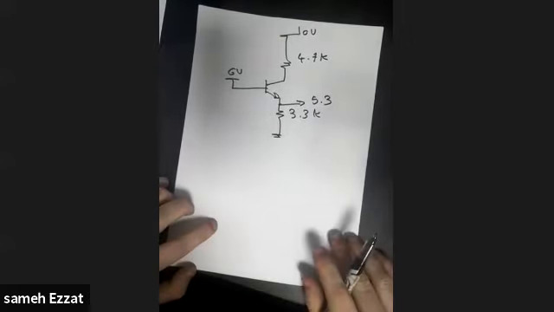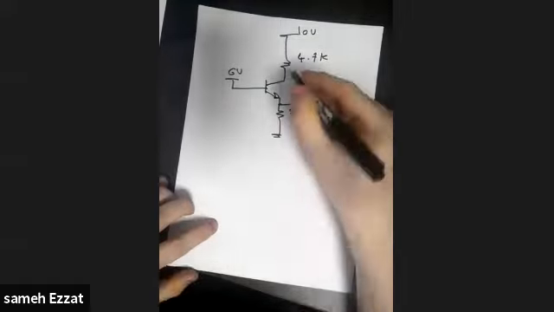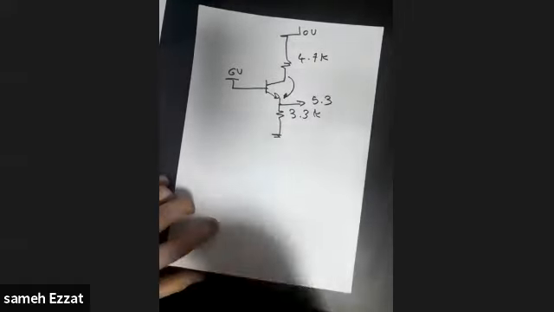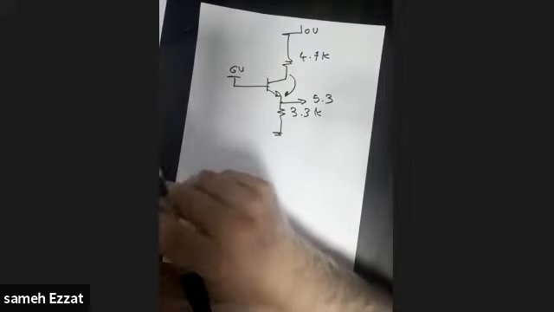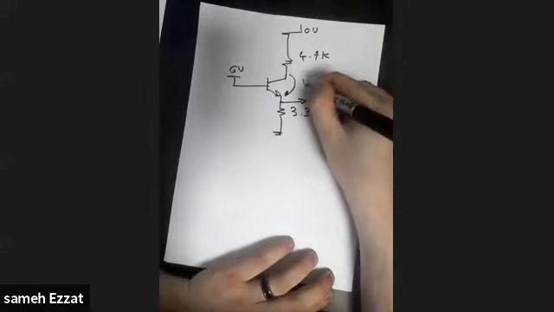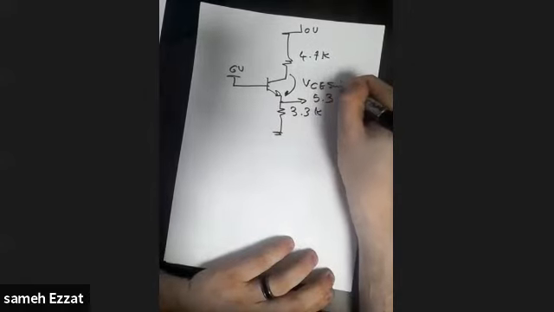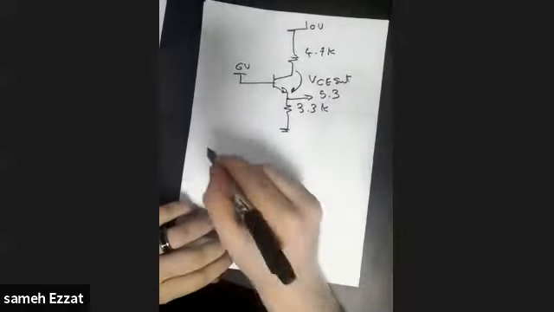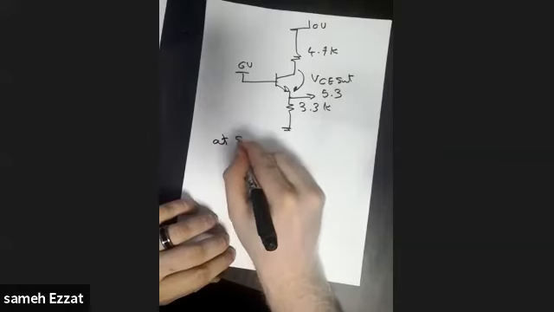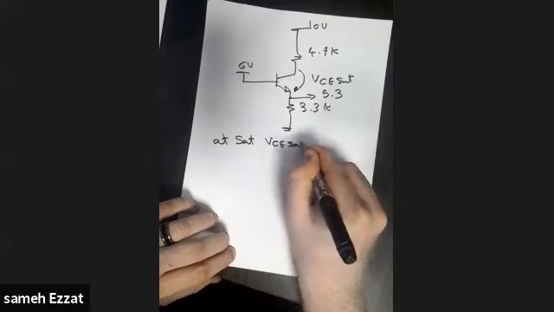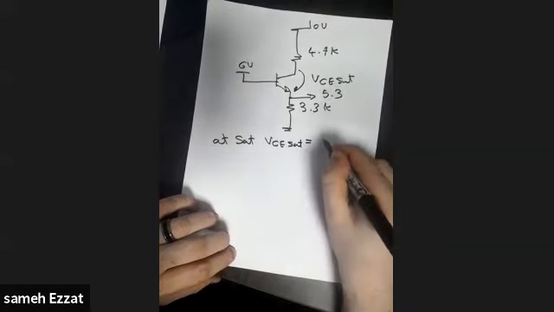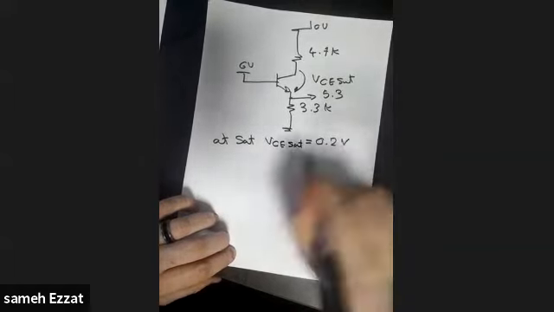Here we have to use what's called the VCE SAT, if you remember the lecture. In the lecture, I told you about the VCE SAT. I told you to please wait until we go to the problem to understand. Now we have what's called the VCE SAT. Usually we say that at saturation, VCE SAT is equal to 0.2 voltage.